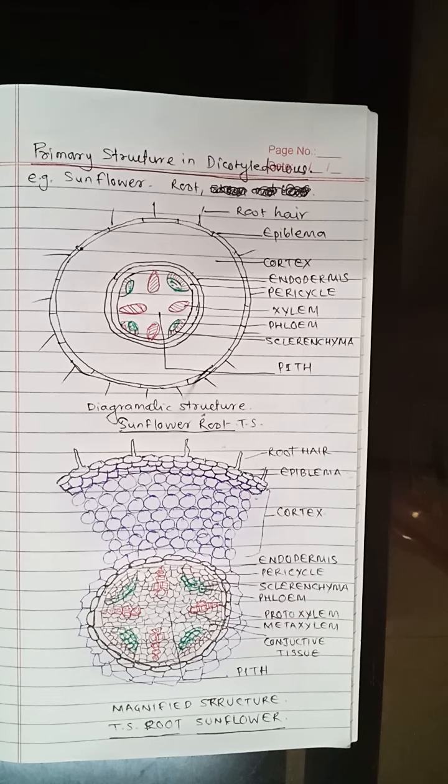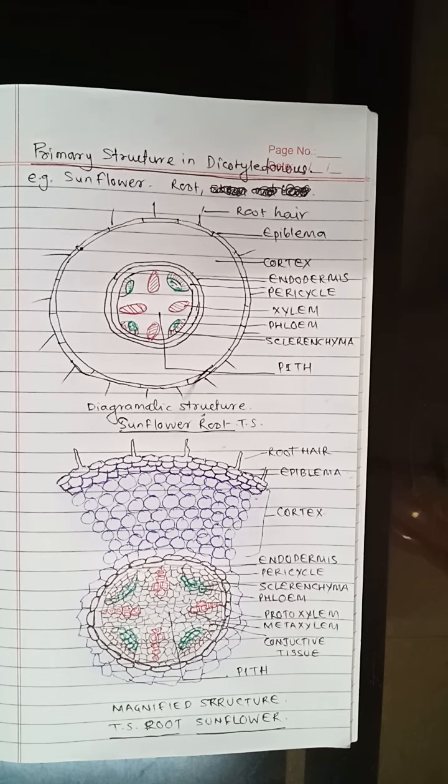Then conjunctive tissue. The tissue lying between the xylem and phloem bundles is parenchymatous and is called conjunctive tissue.